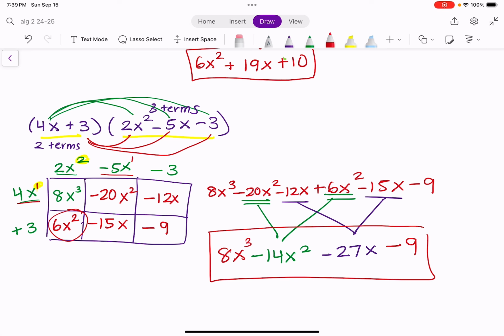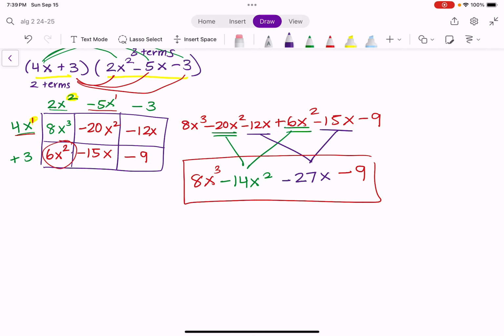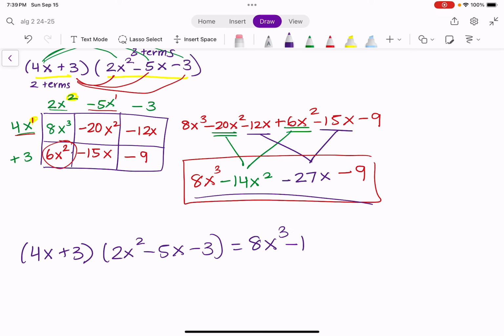So let's say, though, you want to check to see if you're correct, right? So in this case, I said that 4x plus 3 times 2x squared minus 5x minus 3 equals this answer right here, equals 8x to the third minus 14x squared minus 27x minus 9, right?